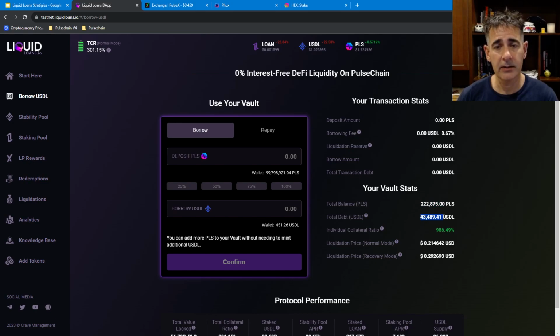So understand the risk with this because the only way we can unwind it is paying back that debt. Ideally, the long-term scenario for this would be you set this up and you do it in a safe fashion and you can do it for many, many years because there's no interest payable on this debt. So imagine if you'd done this with ETH at the very beginning and you sat through 2 cycles.